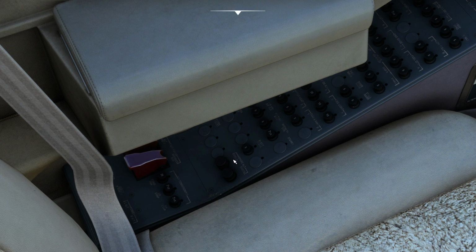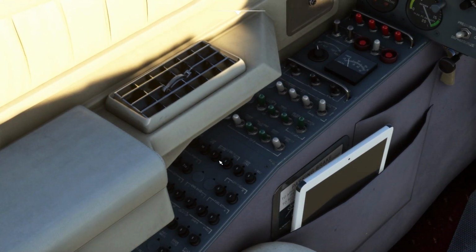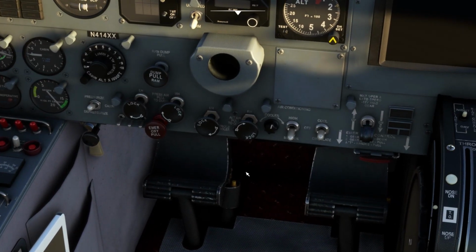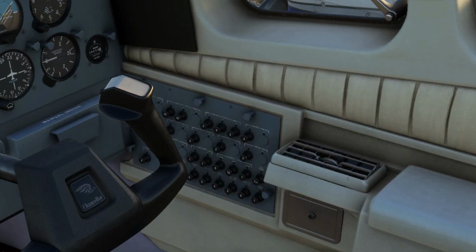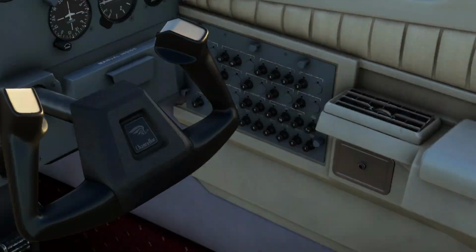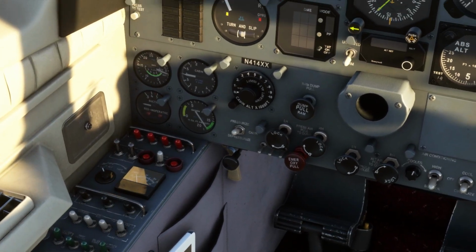You've got the field fuse and main fuse of the alternator, but most of these work and they do shut down the system you're taking off. So yeah, they really work. It's a beautiful aircraft, way up there in the study level.